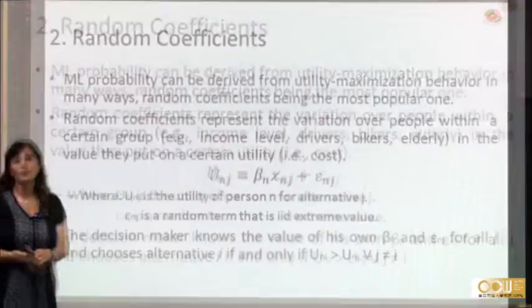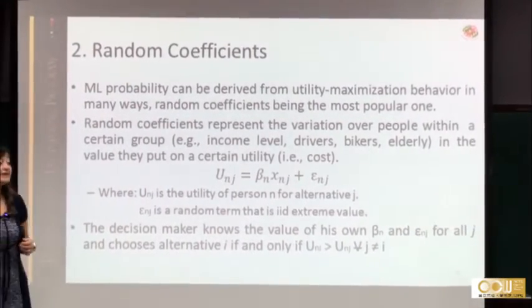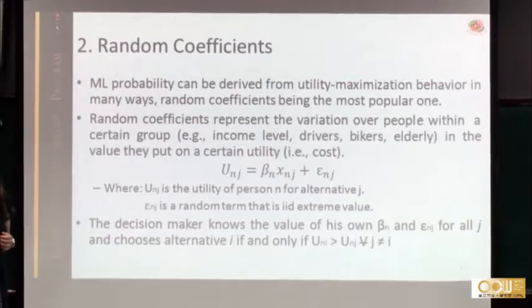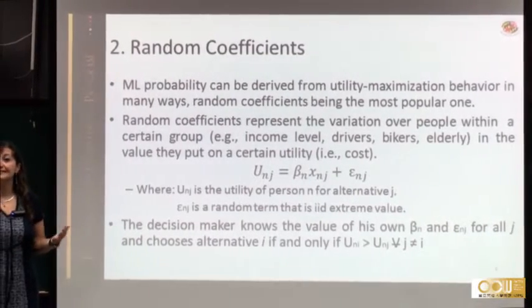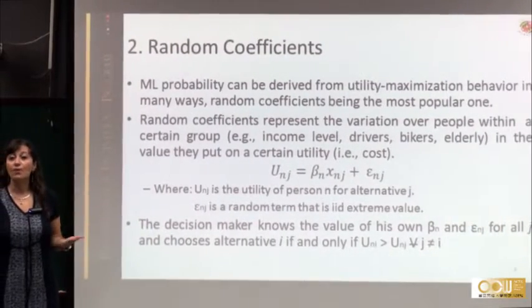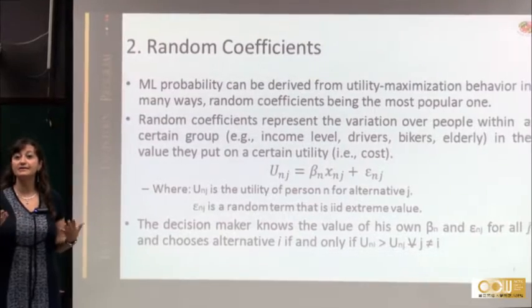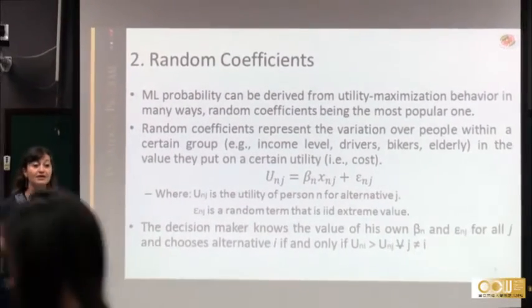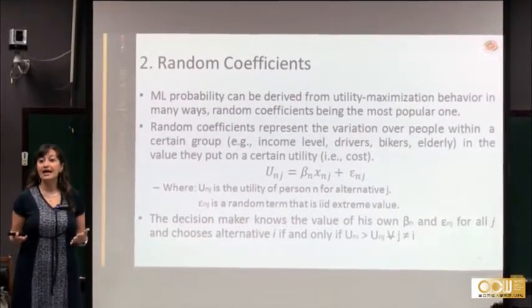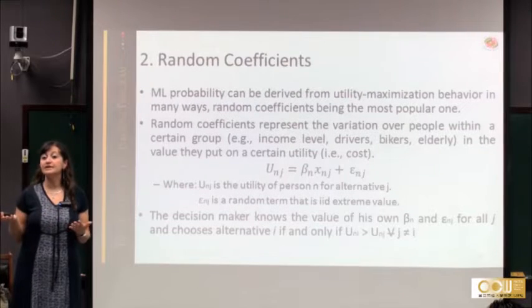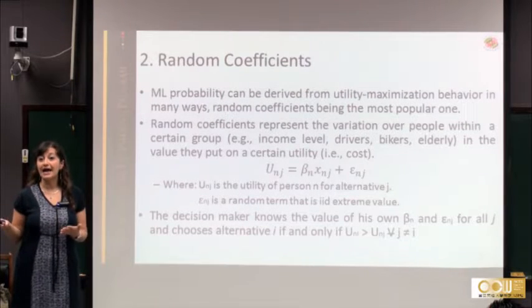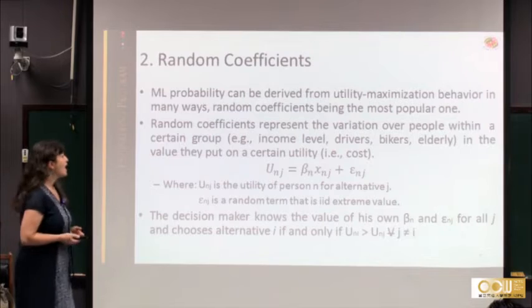For example, we want to know the taste variation over a certain category of people over travel time, over travel cost. Because once you have the entire distribution of the coefficients for travel time and travel cost, you can have the curve of the distribution of value of time over the population.